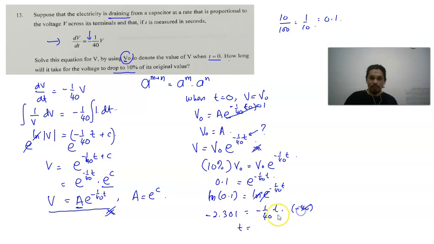So 40 divided by 40, negative times negative becomes positive. So multiply with negative 40 on the other side too. So t equals 2.301 multiplied with negative 40 times negative, equals 92.1 seconds.